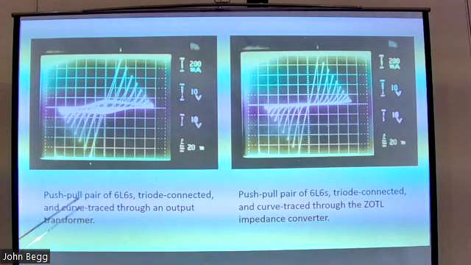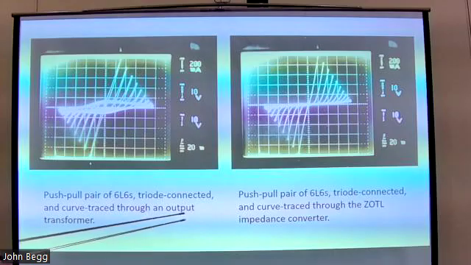A pair of 6L6s, put the curve tracer in the AC mode. So in this quadrant you've got the triode curves, and then these are inverted because this is the opposite phase of the transformer. I did the same thing over here: a push-pull pair of 6L6s triode connected and curve traced through the ZOTL impedance converter.